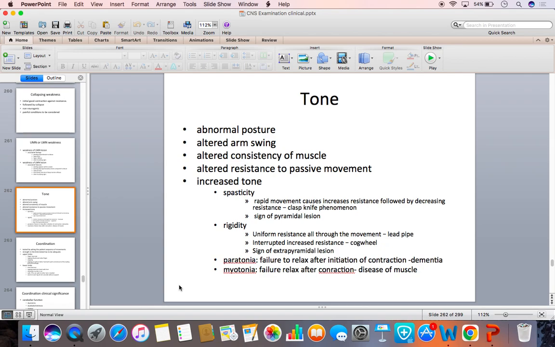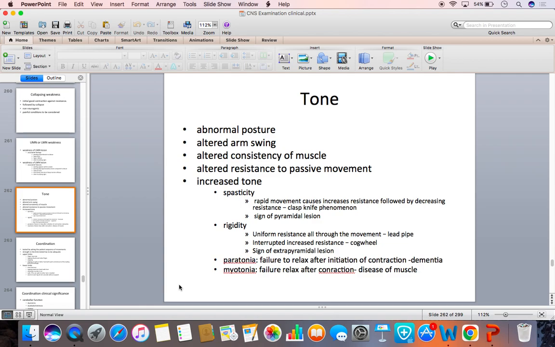Abnormal posture, by looking at it, you can say the patient is having hypertonia, say decerebrate rigidity, decorticate rigidity. That abnormal posture is because of the hypertonicity of that group of muscles. Altered arm swing. If the muscles are hypertonic, the arm swing will be diminished.